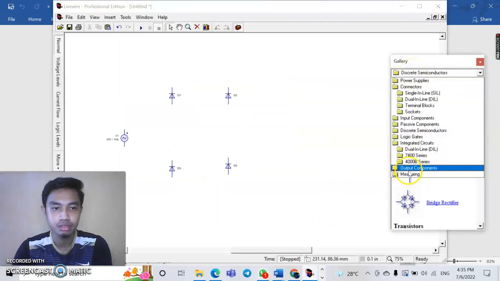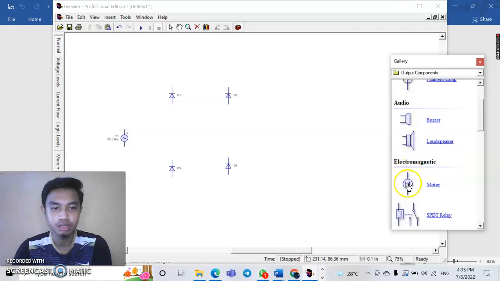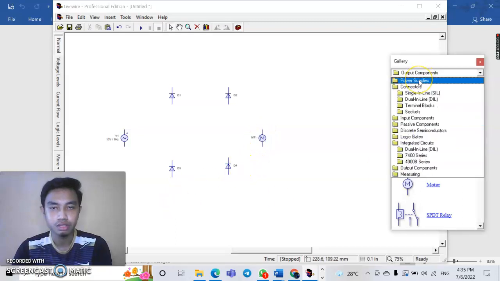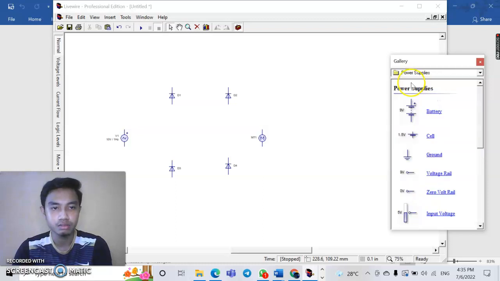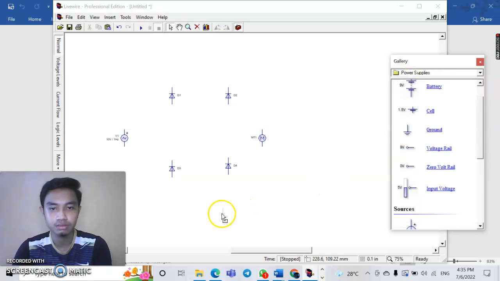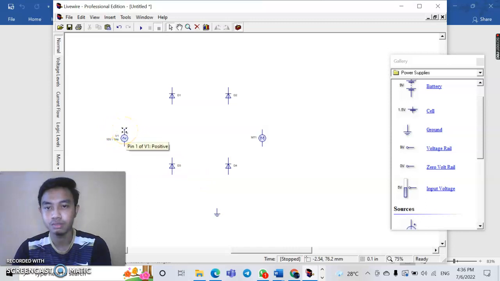Then go to the output component to get the motor. Here, over here. And the last components for this circuit are the ground and the power supply. So we need to connect all of the components with the wire.